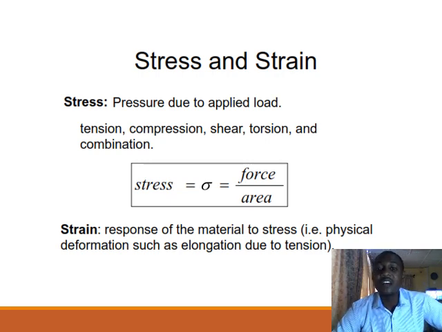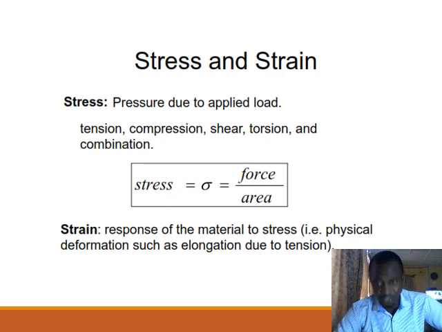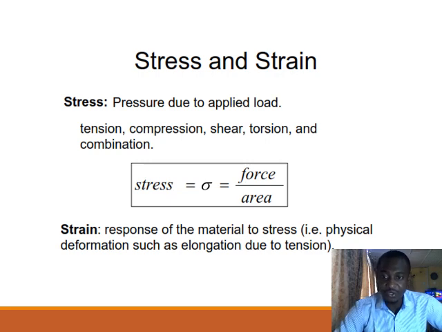Now, the strain is the response to the applied load, which will come in the form of a deformation. So that physical deformation that you get, whether the material is being elongated or the length is being reduced, is what defines the strain. We're going to look in detail at what these two mean as we go along.